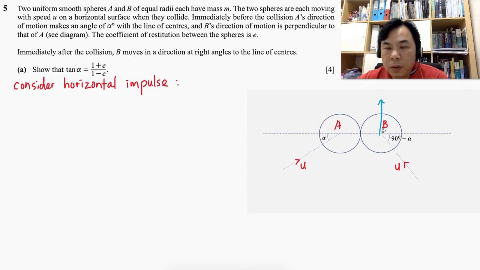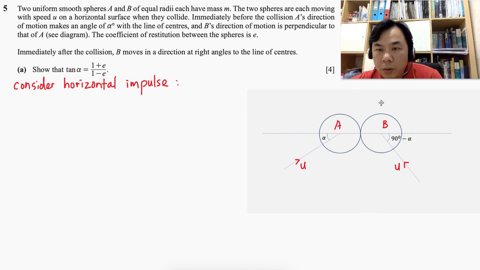Now bear in mind, for sphere B, there is no horizontal component after the impact. So anyway, the vertical component here, all right, now that does not look very straight. Let me correct that.